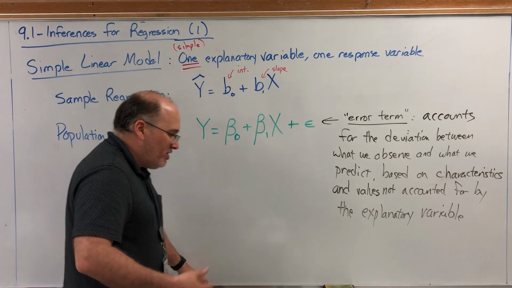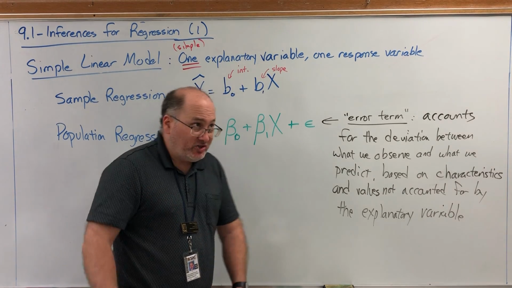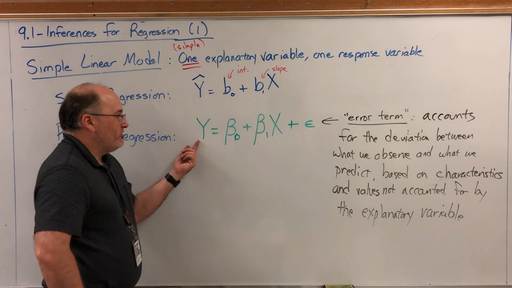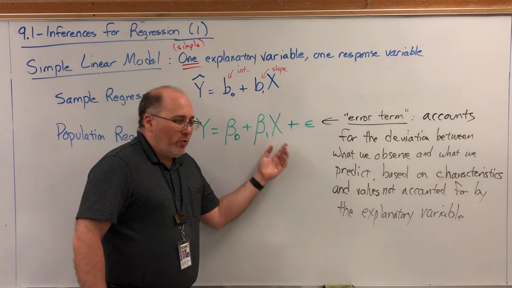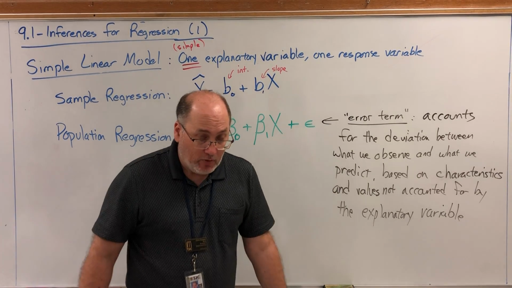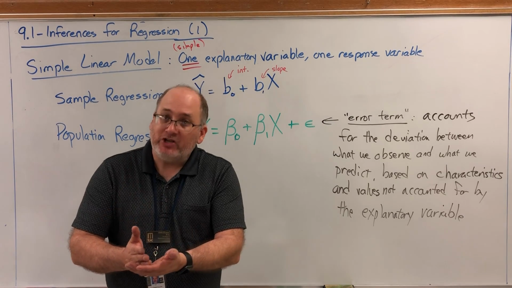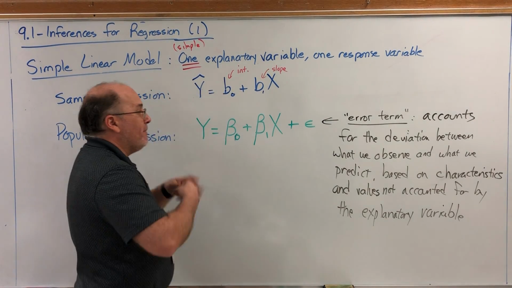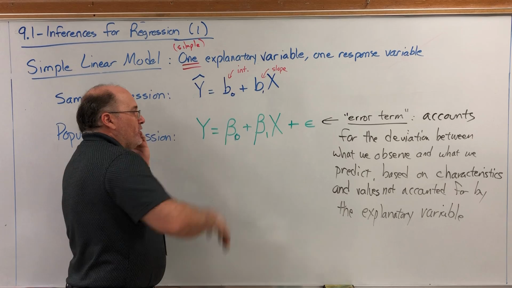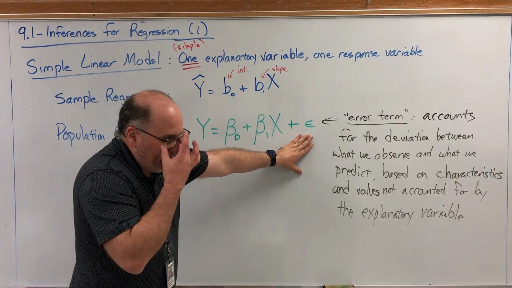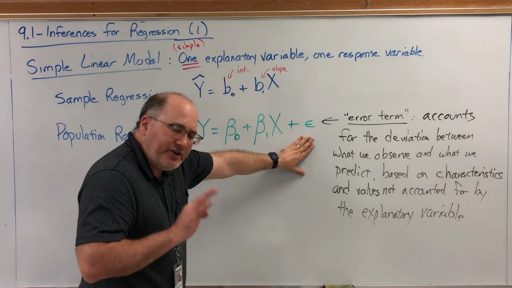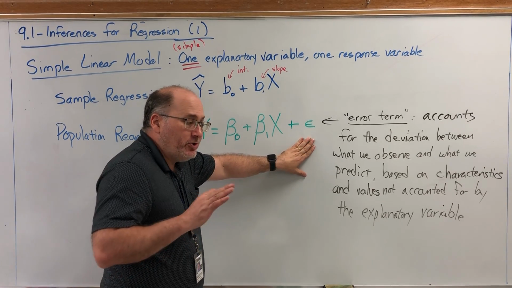So going back to the GPA and hours studying example, if Y represented your GPA and X represented your hours studying, then we could survey a bunch of people, ask them how many hours per week do you study, what is your GPA, make a scatter plot, come up with an equation. What this error term represents is things we didn't account for. How many hours are you taking?